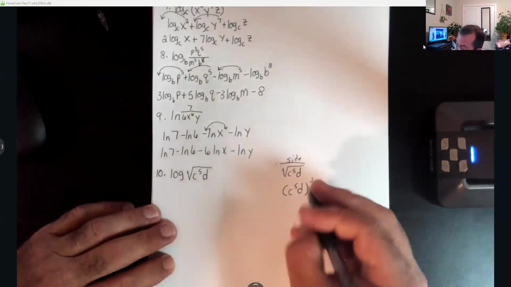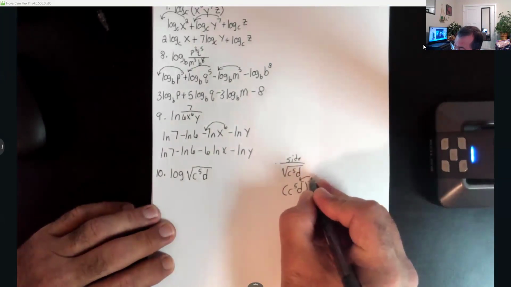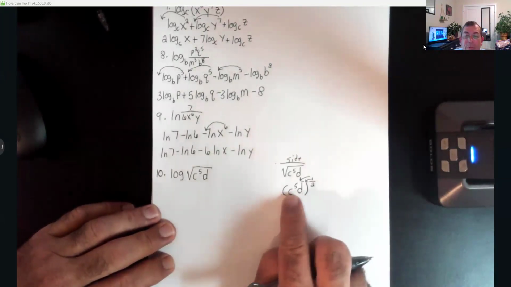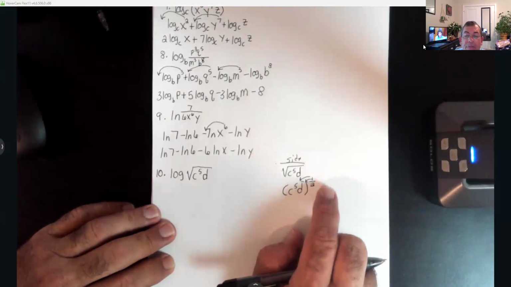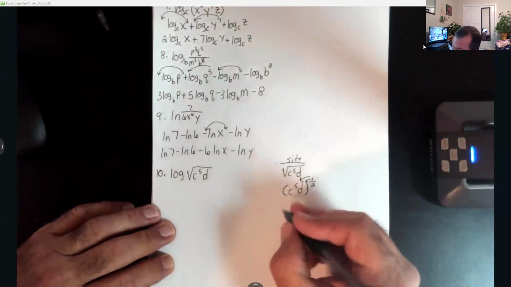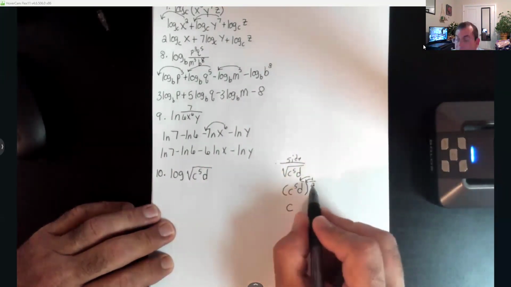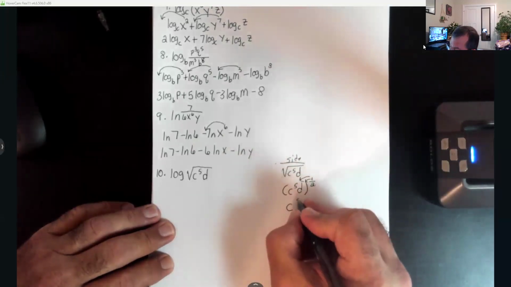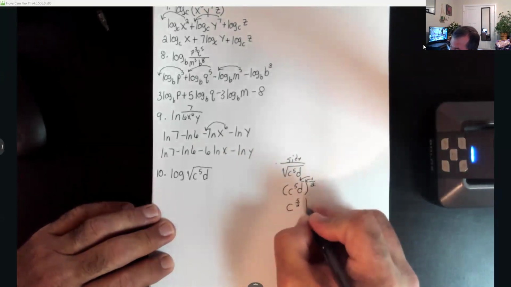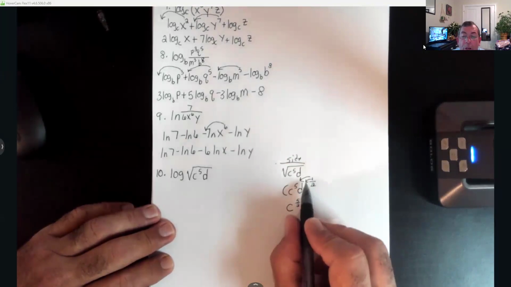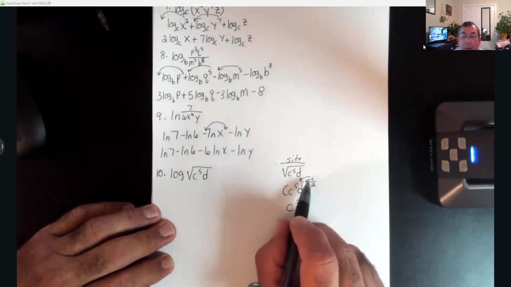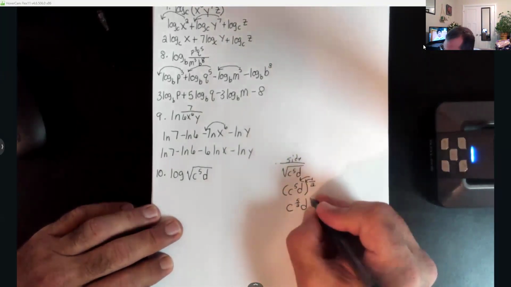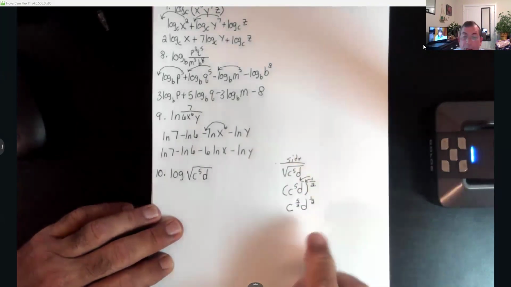Now, to simplify this, we're going to multiply the exponents of both of these times 1/2, because that's my power rule. So I get c, 5 times 1/2 is 5/2. And on the d, remember that's a 1 there since there's no exponent. And 1 times 1/2 is 1/2.